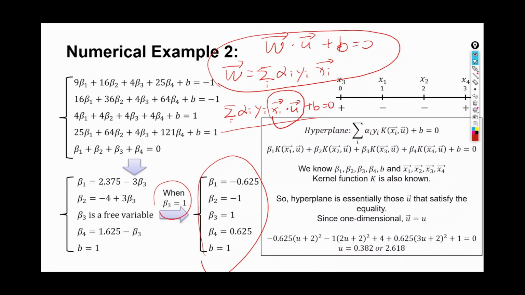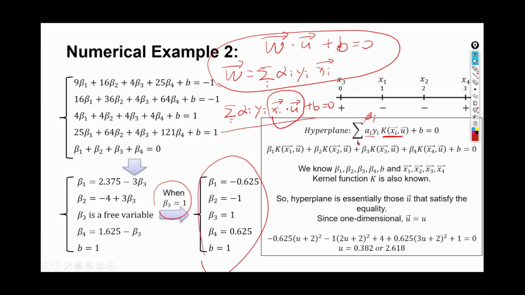That's why it's called support vector machines. So we change this from xi dot u to become k of xi comma u, the transformed dot product, plus b is equal to 0. And this alpha i yi is our beta i value.